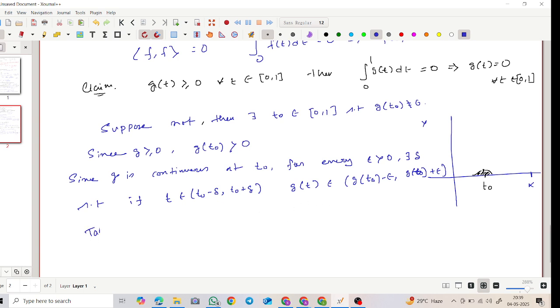So take epsilon strictly less than g(t naught).